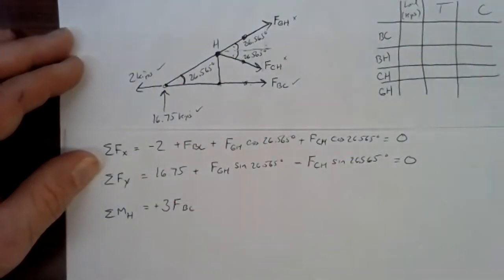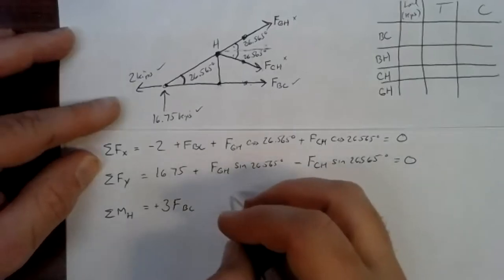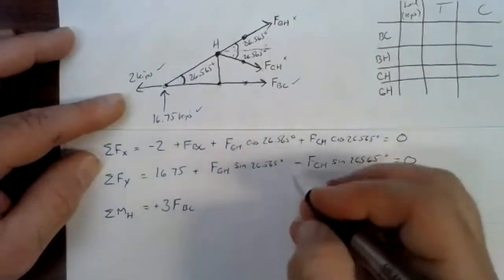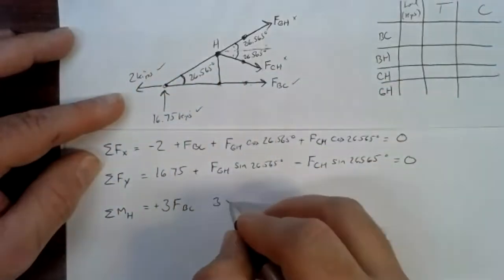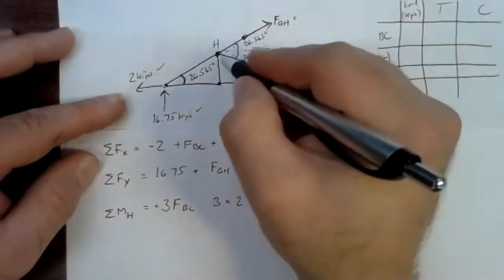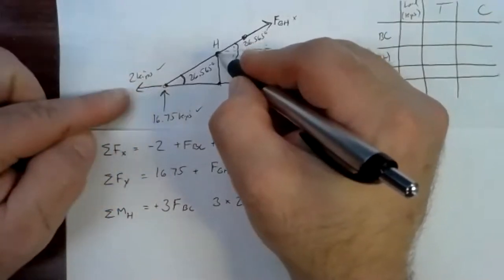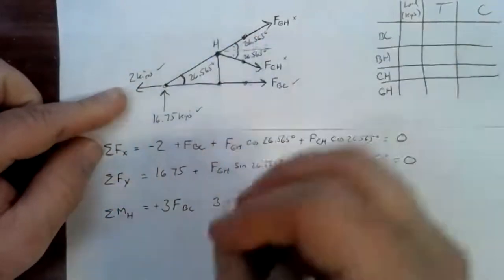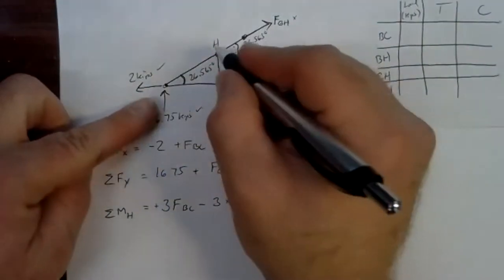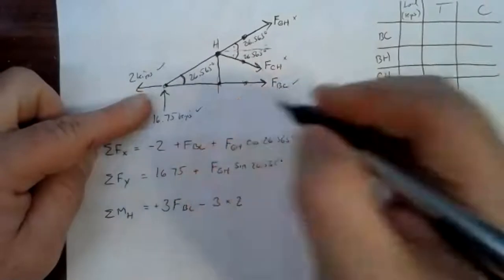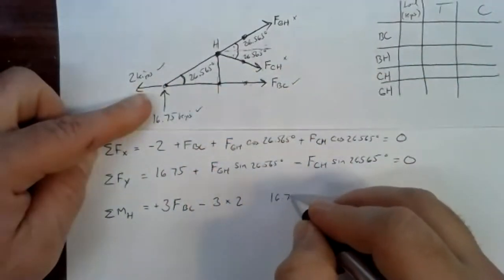So we have positive 3 FBC. The 2 kip force has the same arm, 3 feet. So we have 3 times 2. But if we're pinning at H and pulling with that 2 kip force, that would be a clockwise rotation. So that'd be negative.